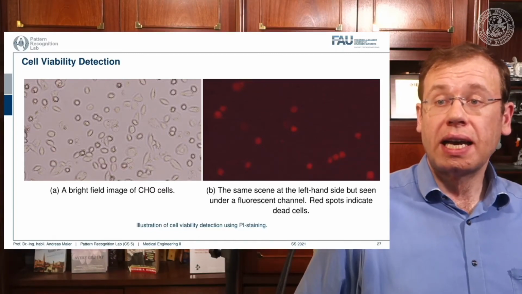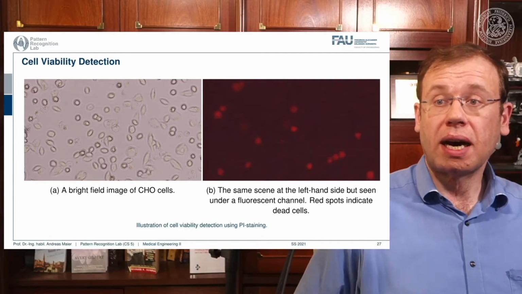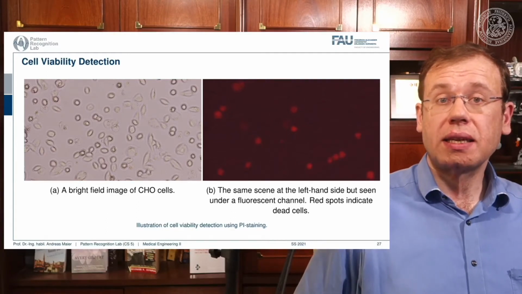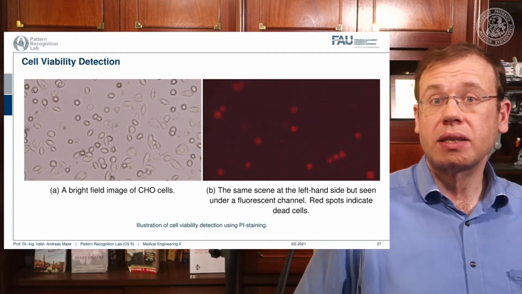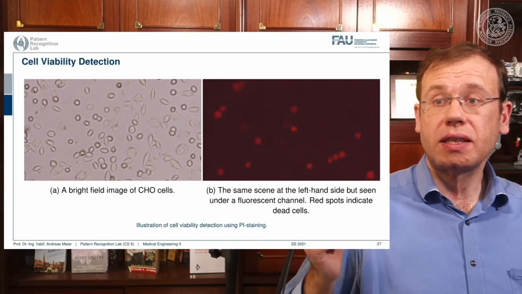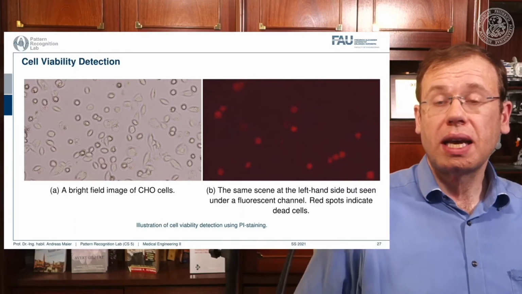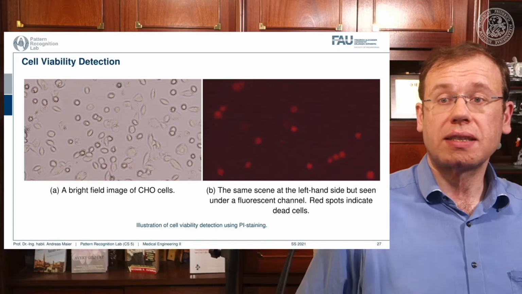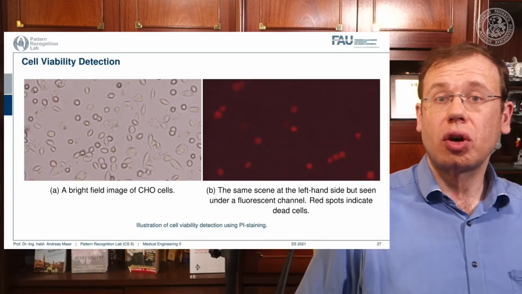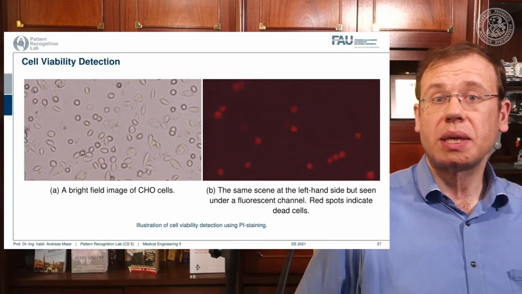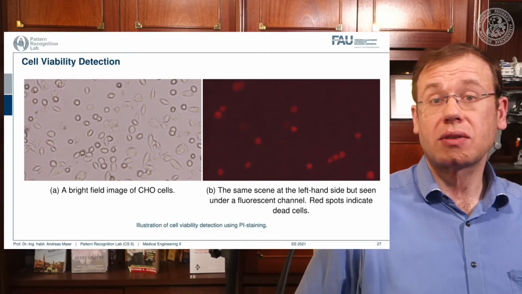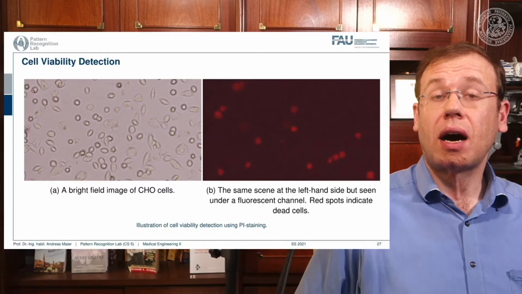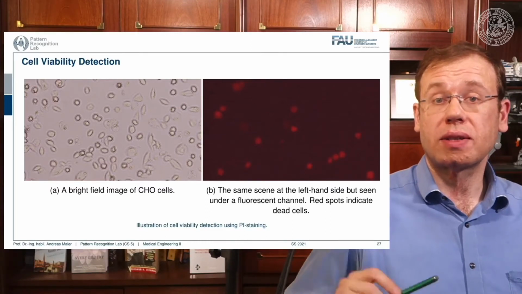Now we add the PI dye, and we can then illuminate this whole scene and use the fluorescence effect, and then we see the red dots here on the right hand side. And the red dots on the right hand side show only the dead cells. So this is a marker for dead cells, and this allows us to determine whether the cells have been essentially killed by environmental effects or by any other effects that are somehow affecting our cells.